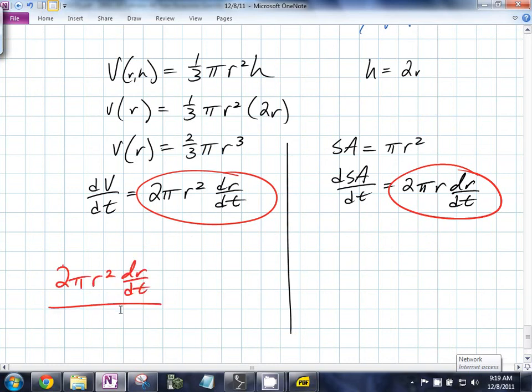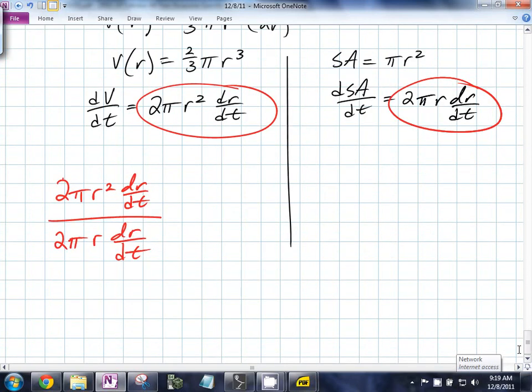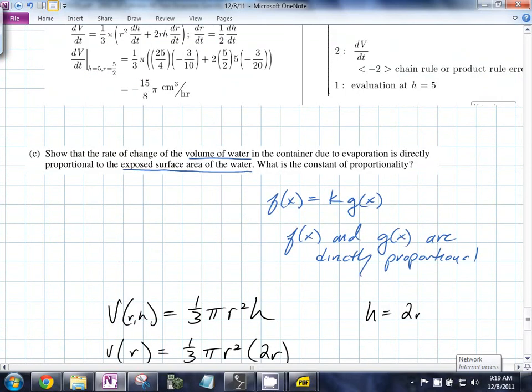How do you find k? If you want to isolate k, you divide. He asked for the change of the volume and surface area, but we don't want this; we just want pi r squared. So you take this and put it there, and look what happens.